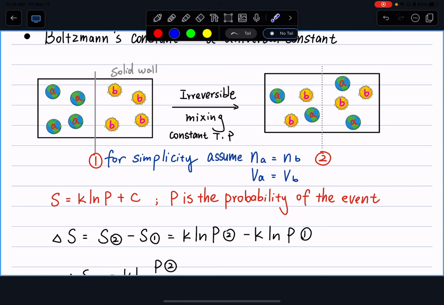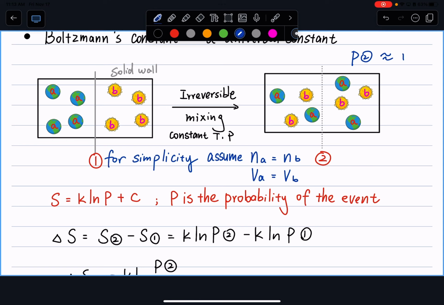Now we know the entropy equals a constant times ln P plus C. So what we want to find is the entropy for state 2, the equilibrium state, and for state 1, which is on the left-hand side. You can just write out the probabilities. On the right-hand side is the equilibrium state, so we know P2 is almost equal to 1. Our equilibrium state is only infinitesimally smaller than 1.